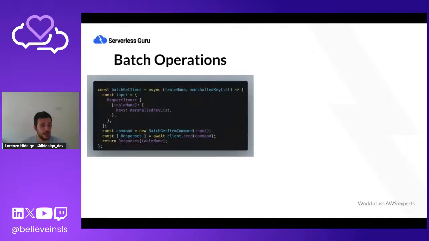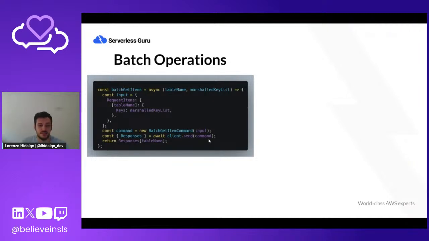The first one would be BatchGet. It relates to the previous example we were looking at, where we want to get multiple items at once, where we already know the keys for all those items. It's really simple to implement as well: we have RequestItems, then the name of the table, and the keys that you want to have.